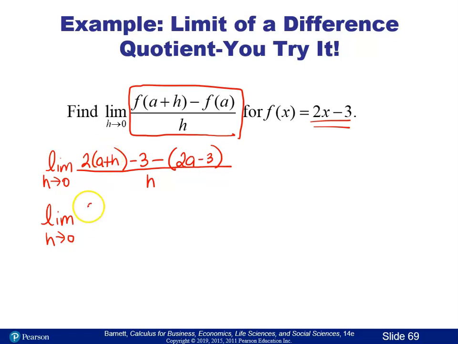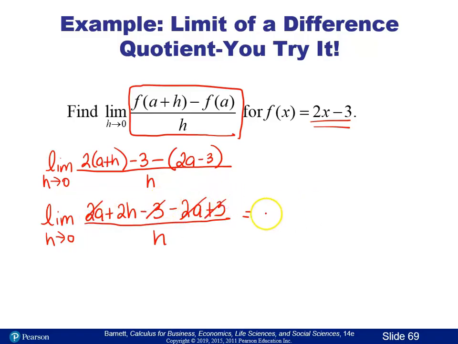I'm going to simplify here, so 2a plus 2h minus 3, distribute the negative. Remember, on these difference quotients, we're always going to see the second part of it get canceled off, so the 2a's and the 3's get canceled. Again, I haven't taken the limit, so I'm still dragging this along. I've got 2h over h.